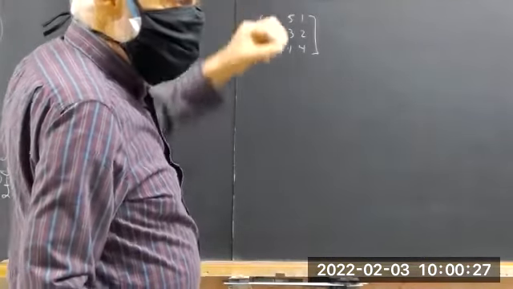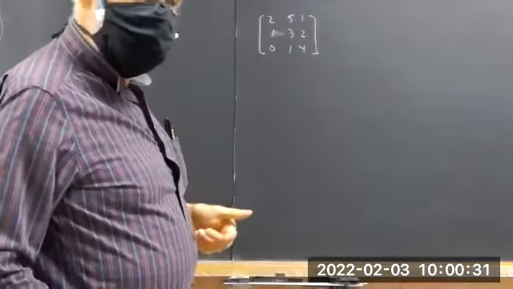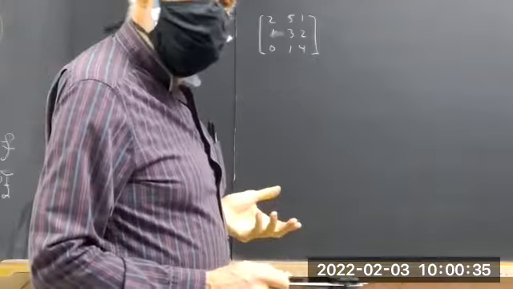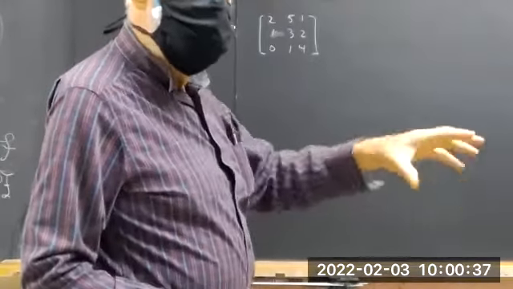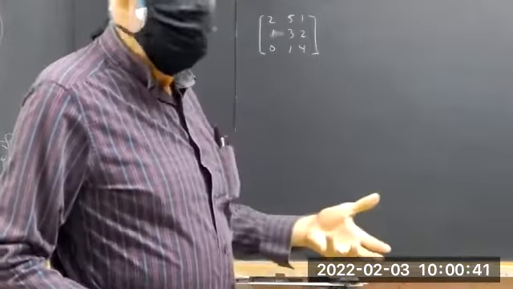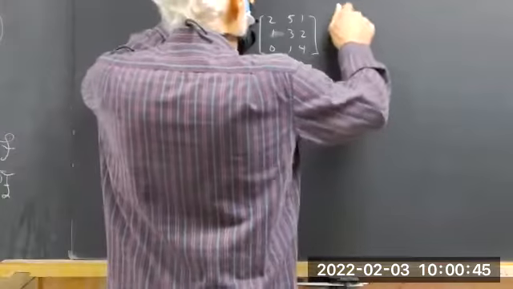But if you do an LU decomposition, you can't switch rows. So we're going to actually do an LU decomposition of this, but that starts by reducing the matrix to upper triangular form without switching any rows. Okay. So LU decomposition.